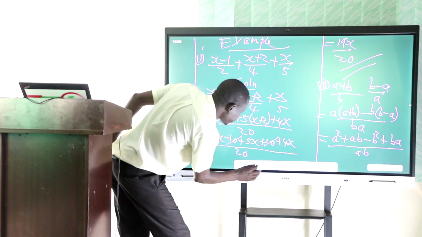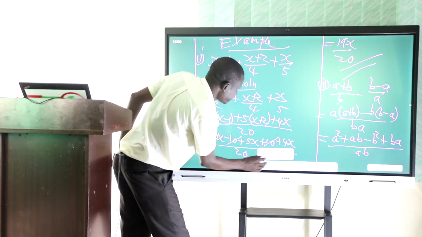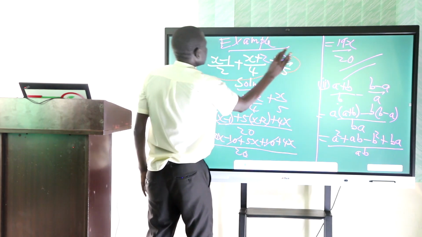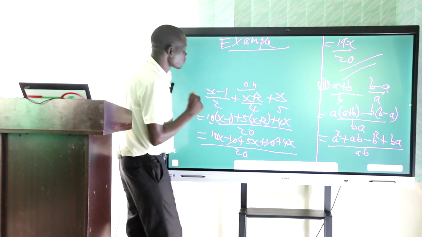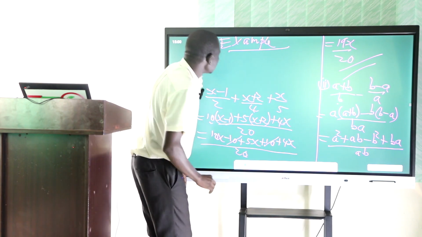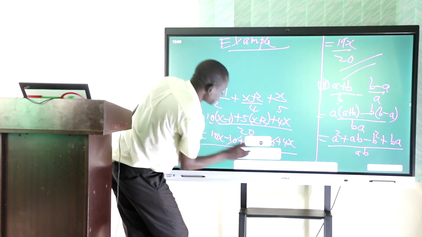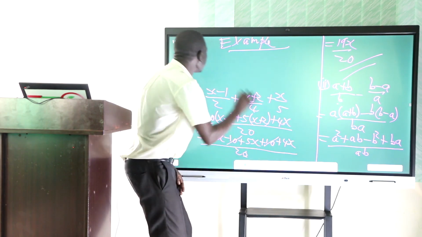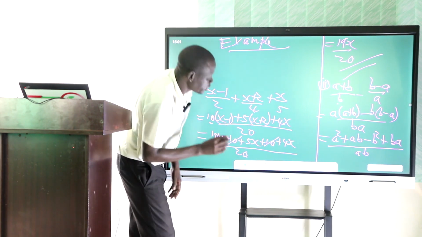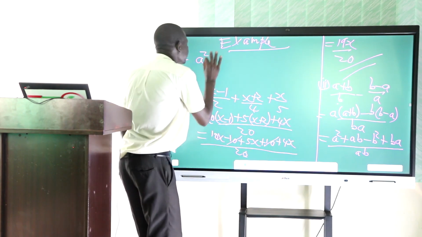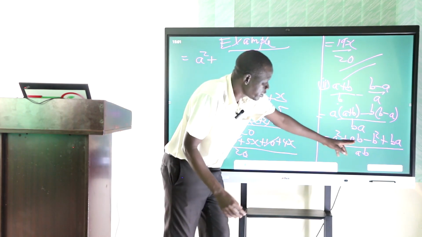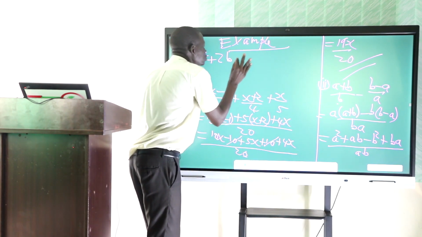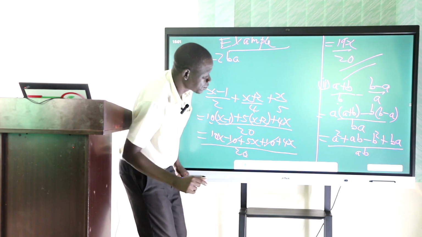So our answer will now be a squared plus ab plus ba, you get 2ba or 2ab, all the same.